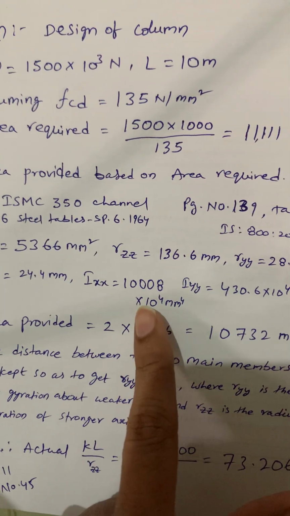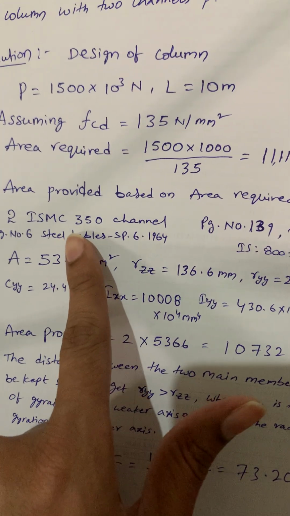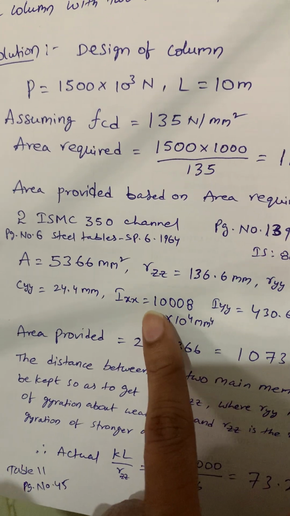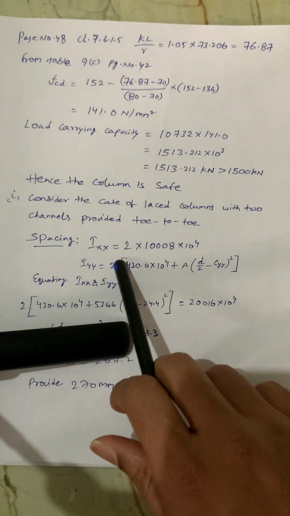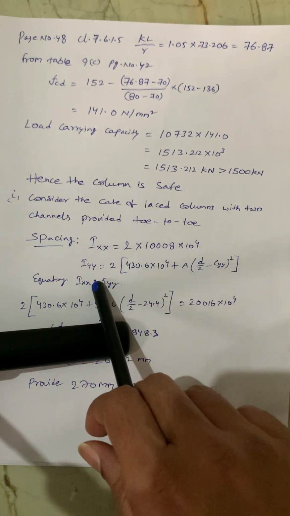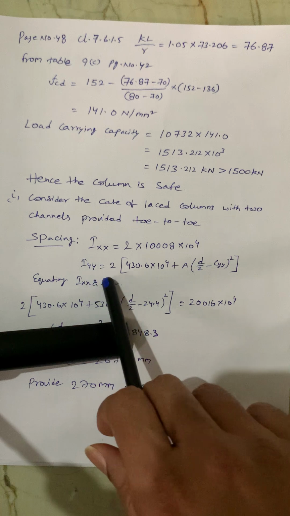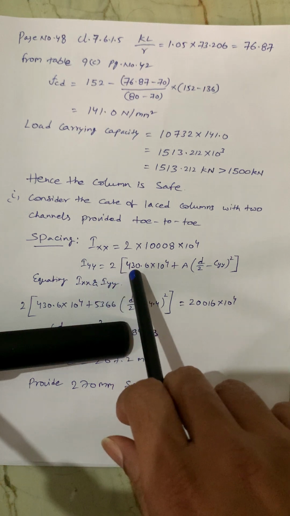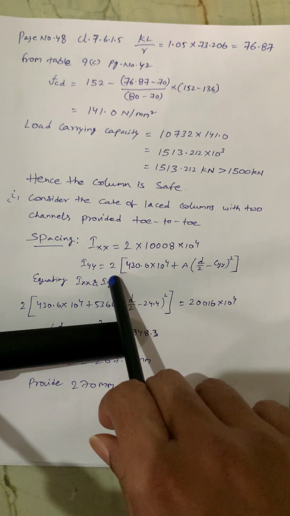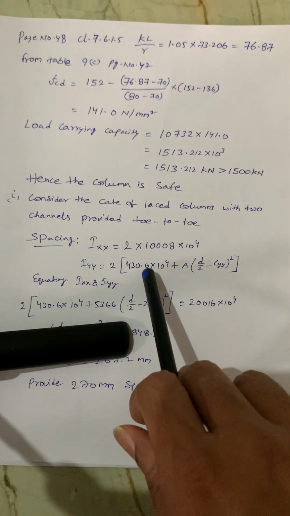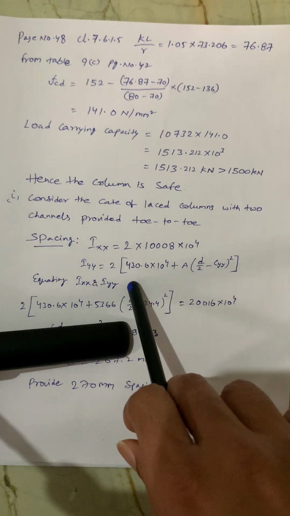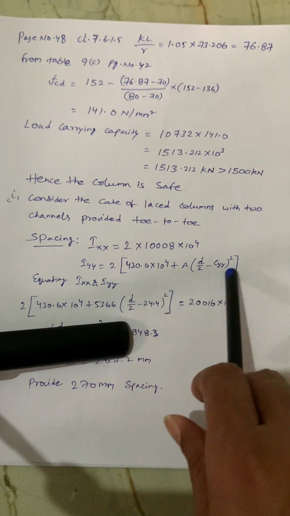Ixx is as per the steel tables book for ISMC 350, page number 6. Ixx value is 2 into 10,008 into 10 power 4. The weaker axis is Iyy, so we have to calculate the moment of inertia Iyy, that is 2 into Iyy plus A into Yc square.